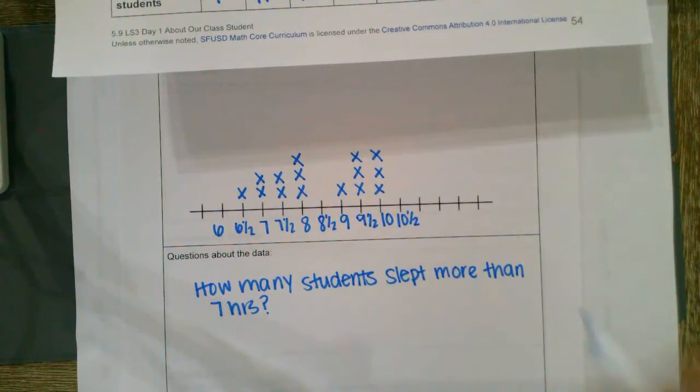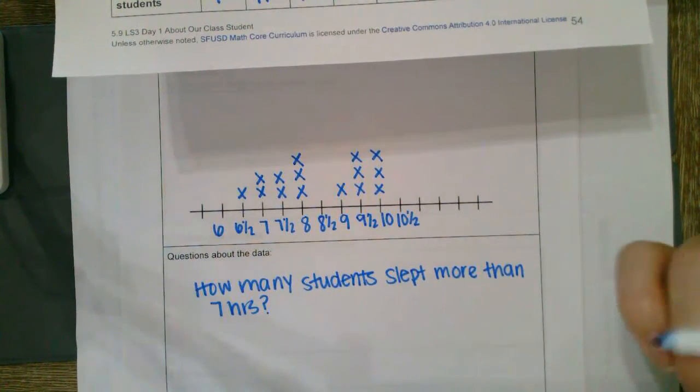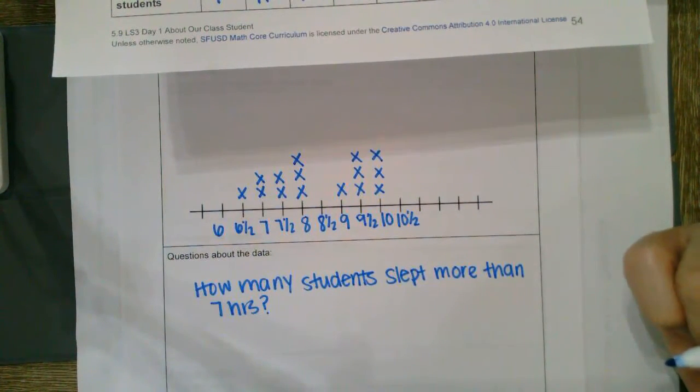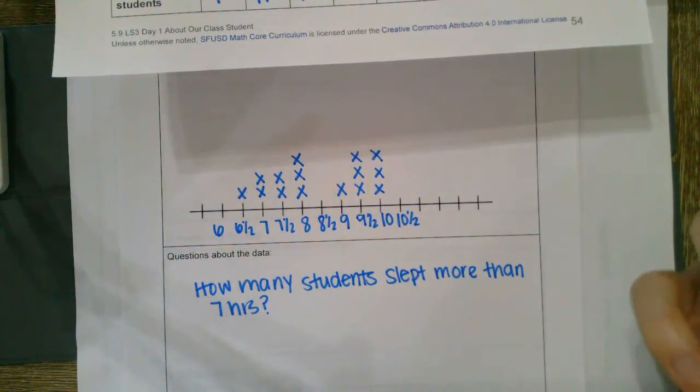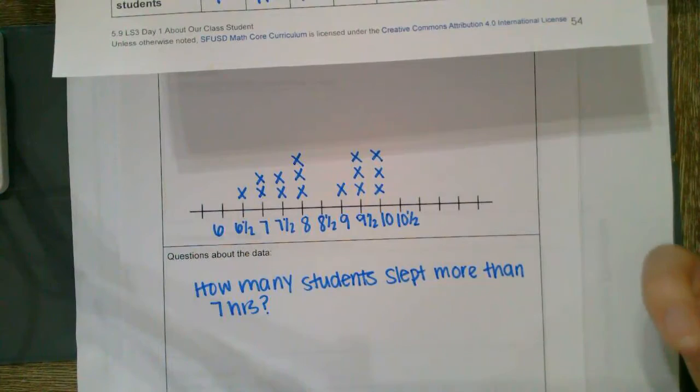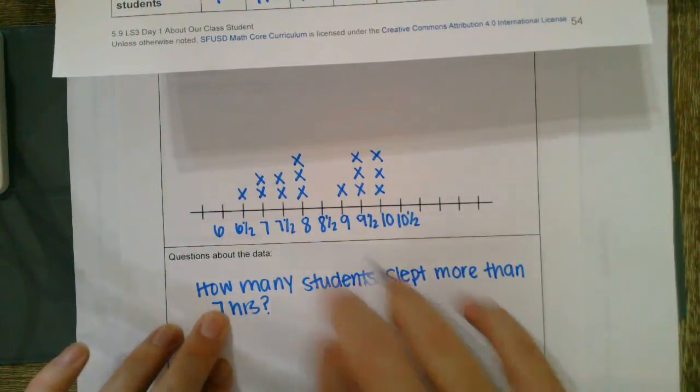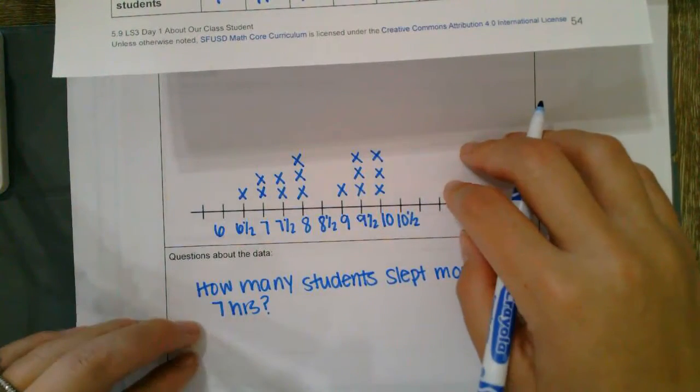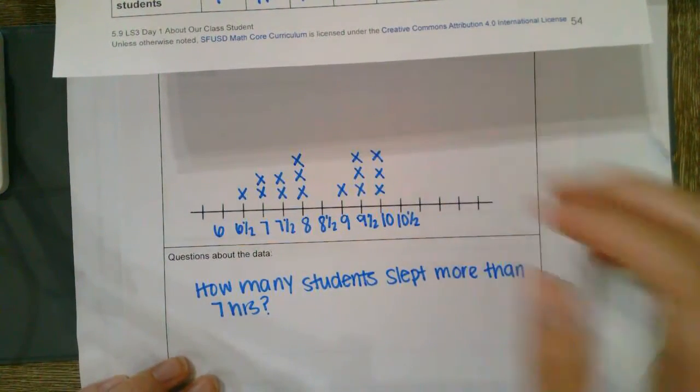I think I've said this before, but questions like, what color is the blanket that the student slept with at night? Sure, it's a question about sleep, but it's not the mathematical question that needs to refer to this line plot to answer. So consider that.